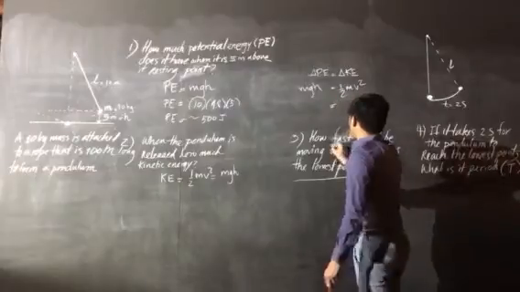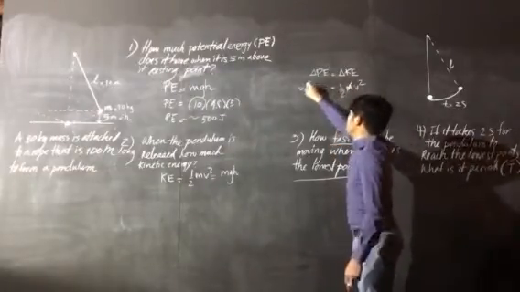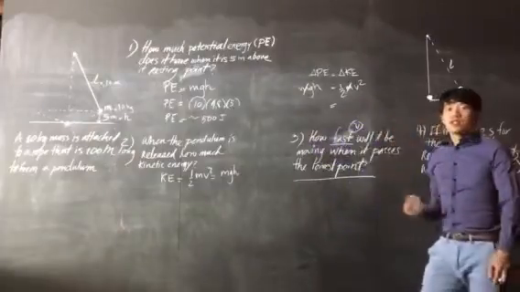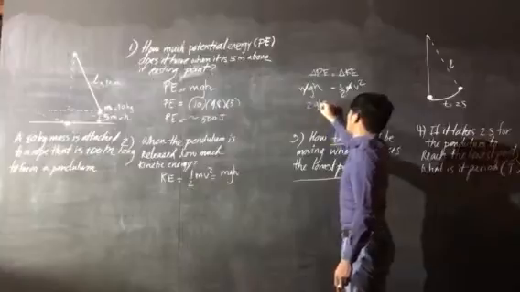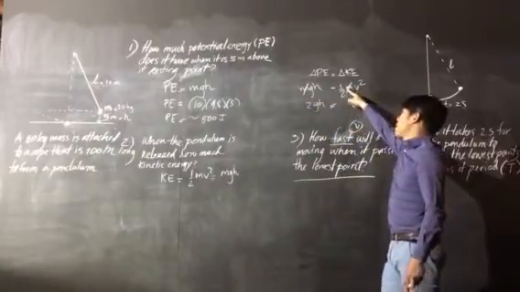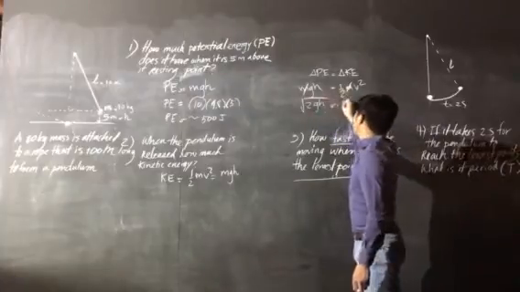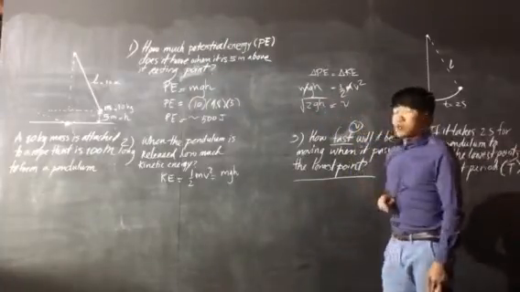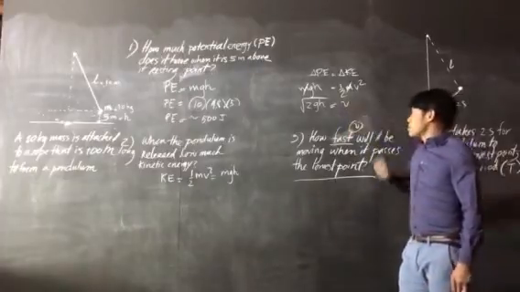In order to figure out how fast, which means v, you have to rearrange the equation to solve for velocity. So I multiply both sides of the equation by 2, which gets rid of the 1/2, giving 2gh. Then I take the square root, and that is your final velocity.